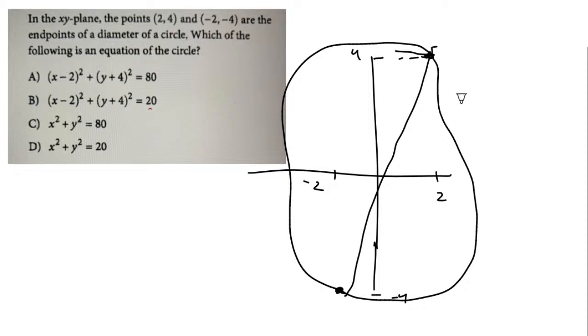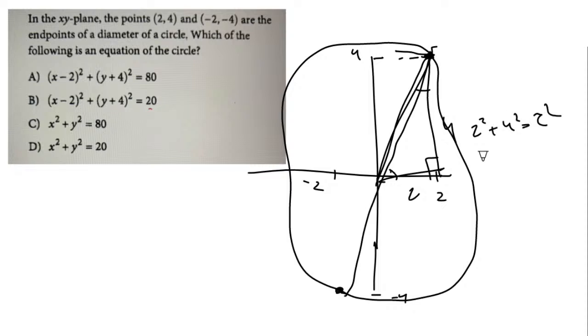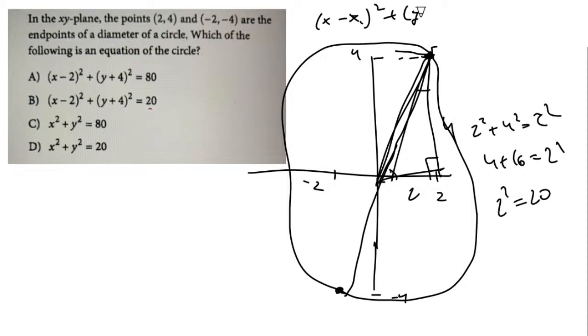Which of the following could be the equation? So what is the first thing? We can find the radius, right? This is 2, this is 4. What is the radius? The radius would be the hypotenuse of a right triangle. 2 square plus 4 square equals r square. So this is 4 plus 16 equals r square equals 20. Do you agree with me? We have (x minus x1) square plus (y minus y1) square equals r square.